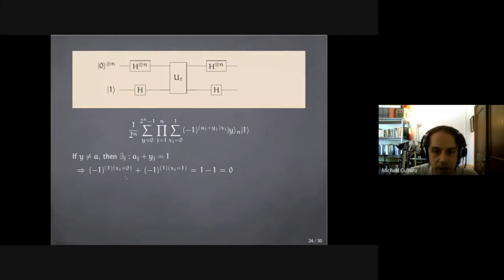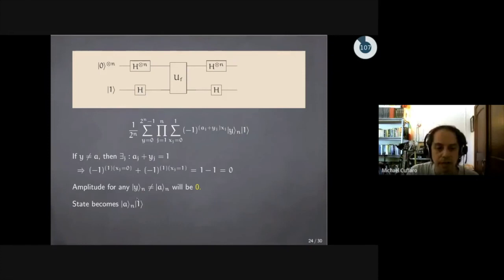If that's the case, then if we evaluate this here, we end up getting 0 as the amplitude for that y. So all of the y's that are different from a will get amplitude 0 in this superposition, whereas the y that is a is going to get an amplitude 1.